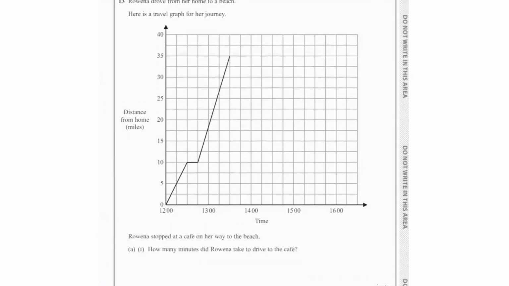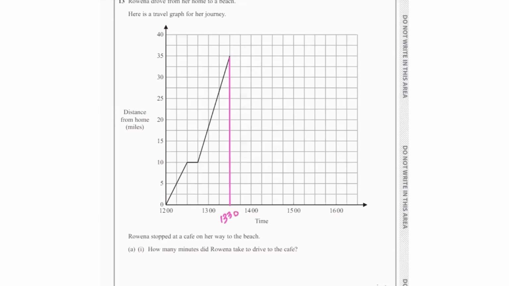Then it says Rowanna stayed at the beach for 1.5 hours. She then drove home without stopping. She arrived home at 16. On the grid, complete the travel graph. So she's staying at the beach for 1.5 hours. If we start from here, let's look at the time at this point first. She is reaching the beach at 13:30.